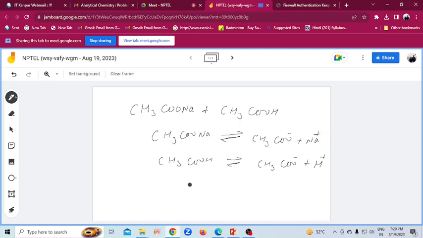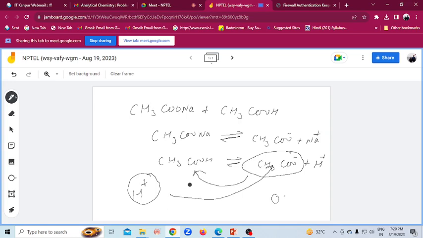Suppose you are adding acid, means you are adding hydrogen ion. This hydrogen ion will react with the acetate ion, the negative ion, and the equilibrium will shift toward the left-hand side.